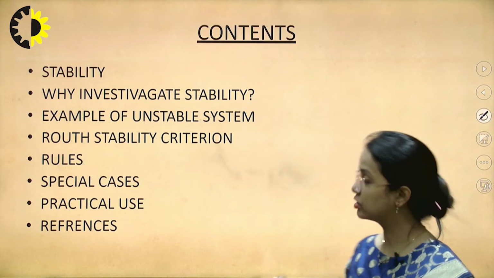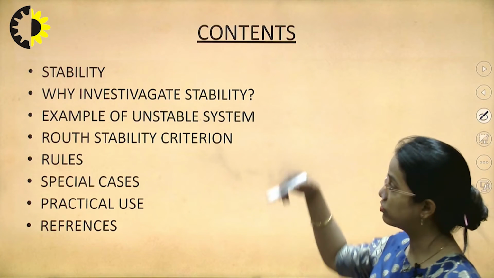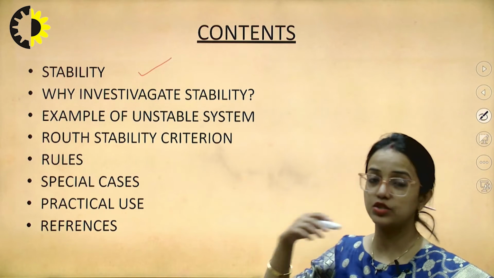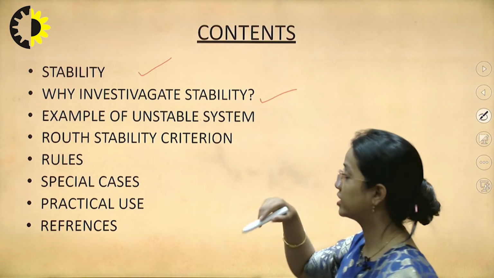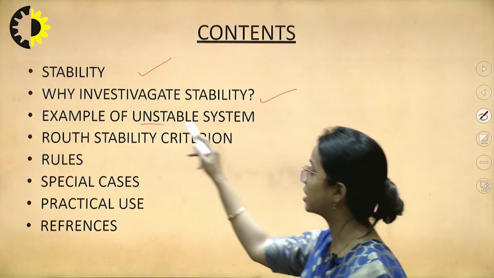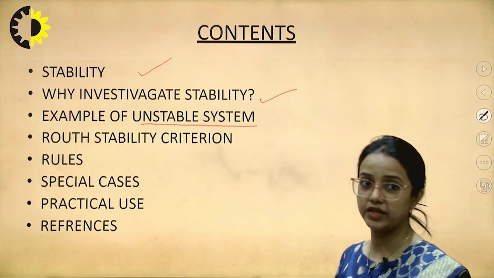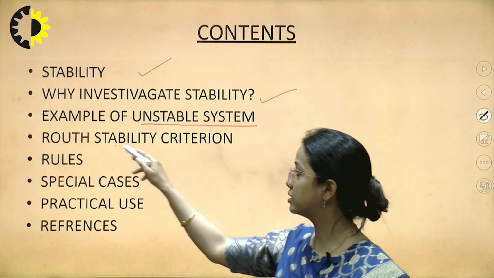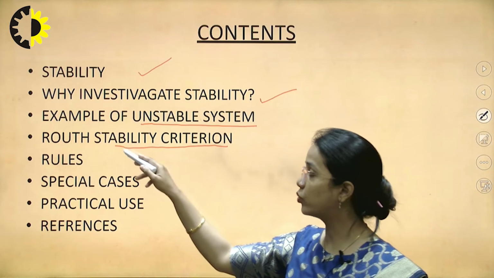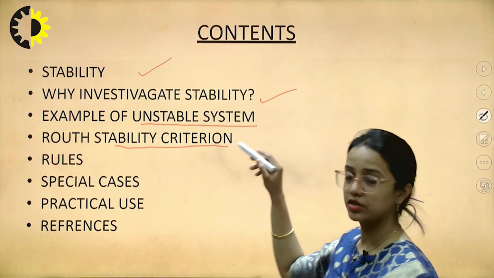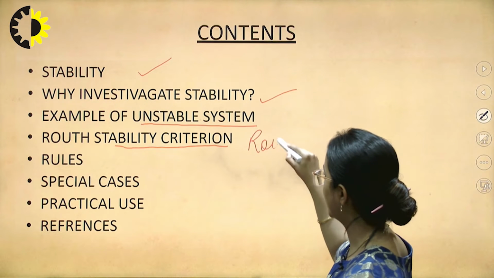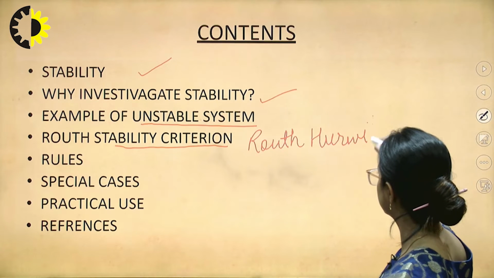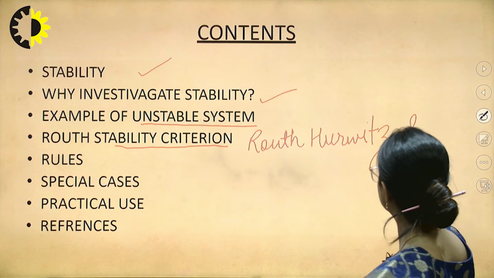Moving ahead in this particular lecture, we will be studying the concept of stability. Why do we need to investigate stability? Then we will be studying some examples of unstable systems, and of course we have certain criteria using which we can predict stability, that is the Routh-Hurwitz stability criteria.